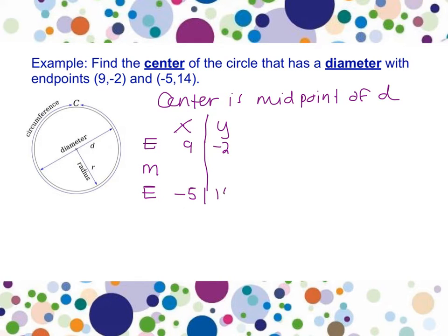And so if I look at the change, like my change in Y, for example, from -2 to 14, I'm increasing by 16. For my change in X, from 9 to -5, I'm decreasing by, what, 14?